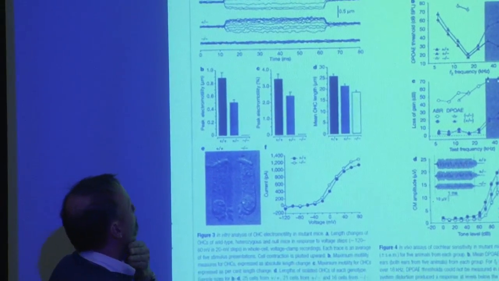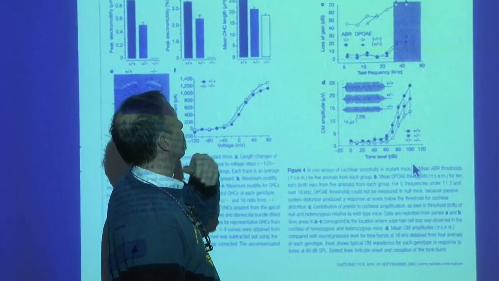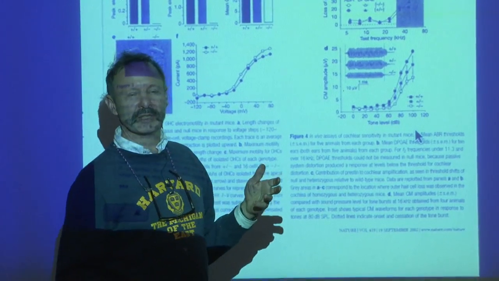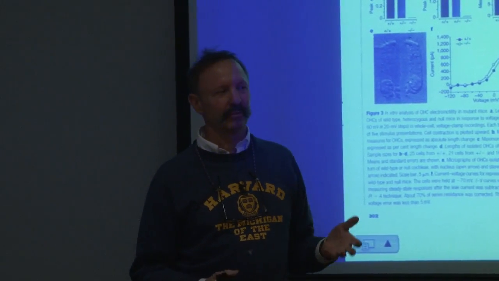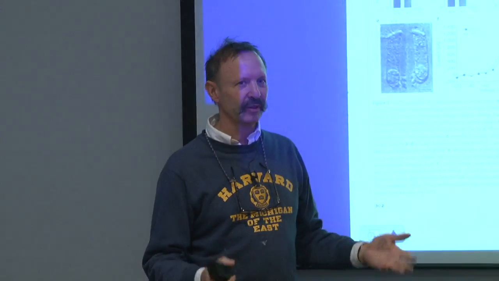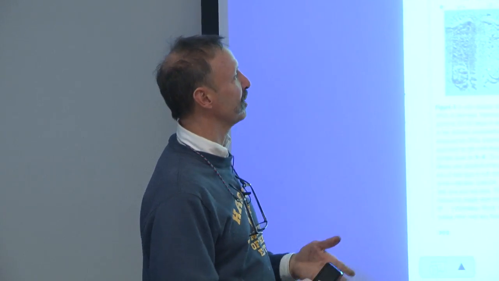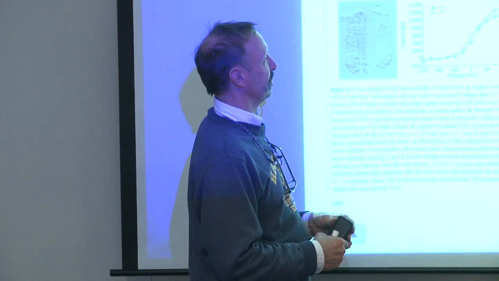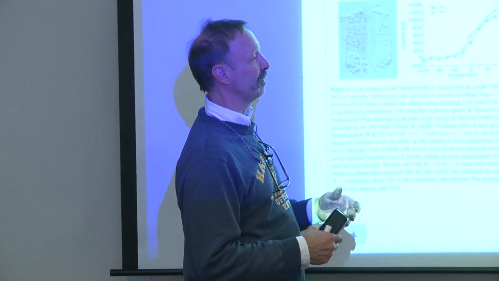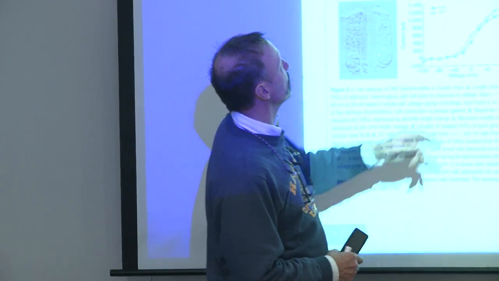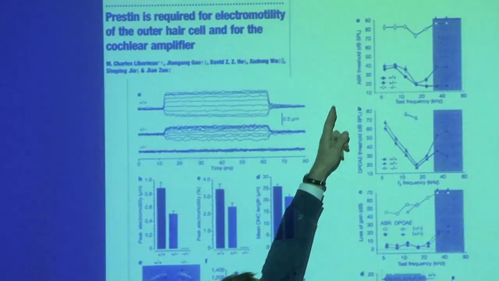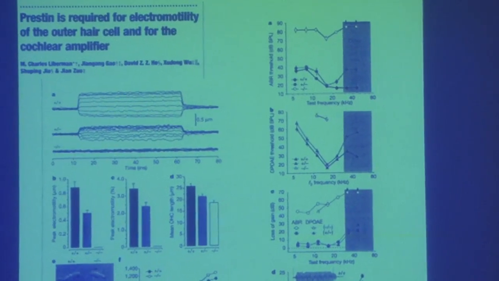What else was measured? Well, they wanted to measure hearing sensitivity. And so in humans, what you might do for that is put a subject in a soundproof chamber and say, raise your hand when you hear the sound. But you could do that in mice, but it takes a long time to train mice or other experimental animals to do those behavioral tests. So they did an electrophysiological test. They measured what's called the auditory brainstem response, so the ABR.